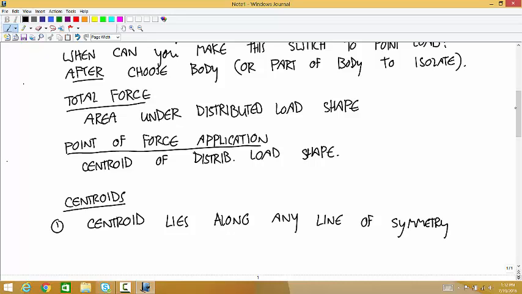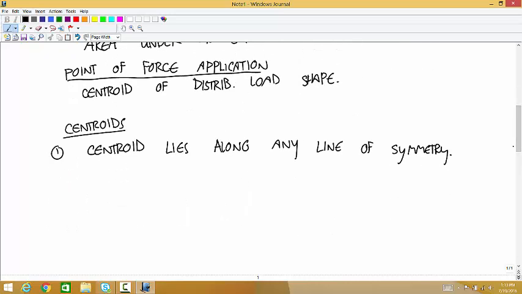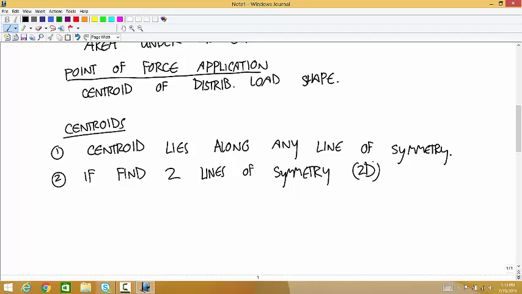Okay, I guess I will. And if it lies along any line of symmetry, that means if you can find two lines of symmetry, this is if we're in 2 dimensions, then the centroid is at the intersection of those 2 lines.